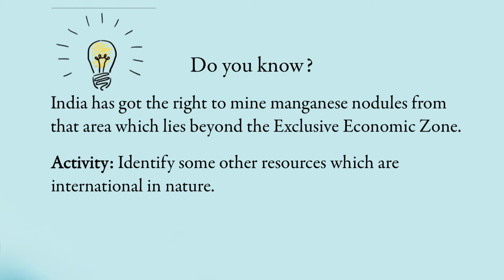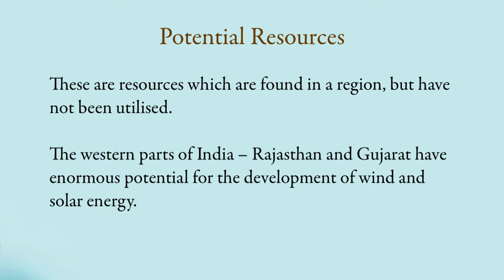On the basis of status of development, resources are classified as potential resources. They refer to resources found in a region but have not been utilized. Solar and wind energy have vast potential for development. Are you all aware that the world's largest solar park, the Bhadla Solar Park, is located in the Jodhpur district of Rajasthan?